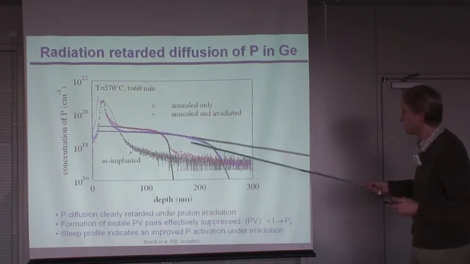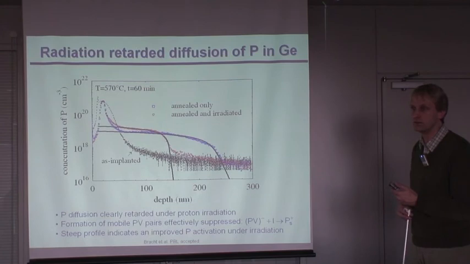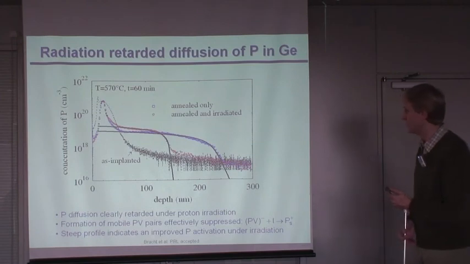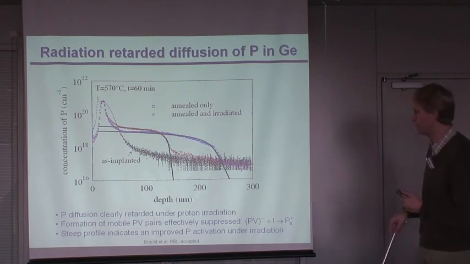First, of course, from the basic understanding, there's something which also goes slower under irradiation. People would not do annealing under irradiation simultaneously because they would have thought, okay, then everything goes like crazy. But it's not the case in germanium.